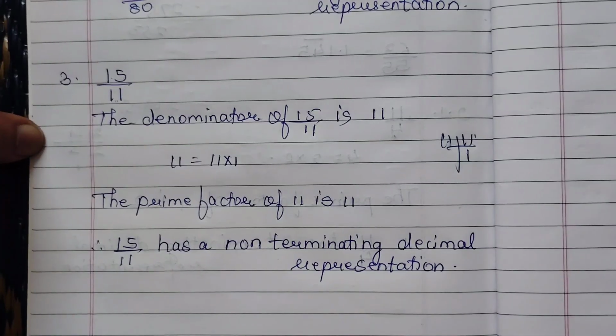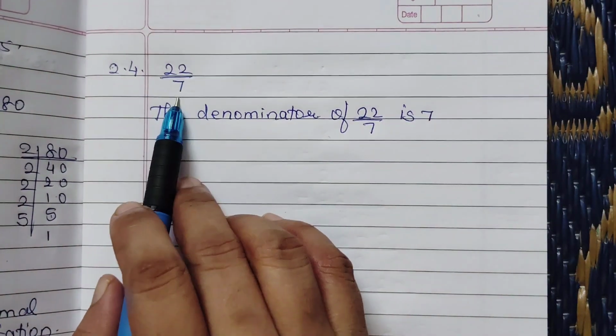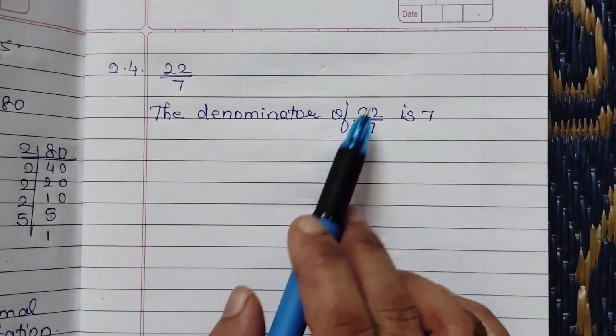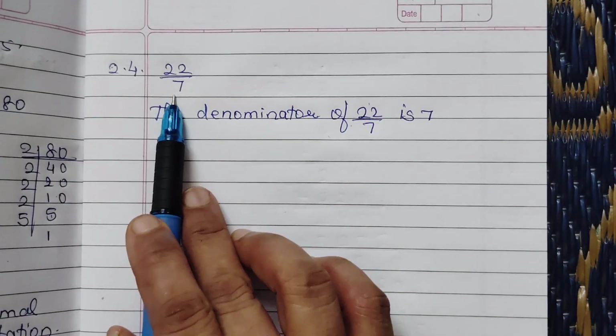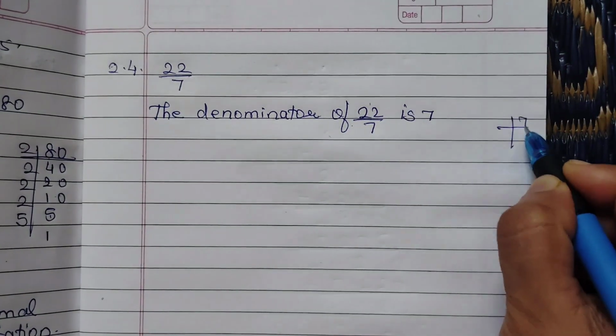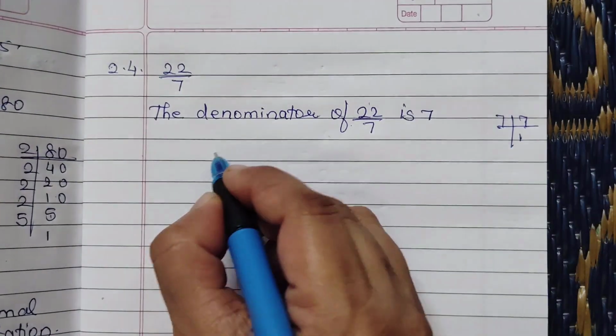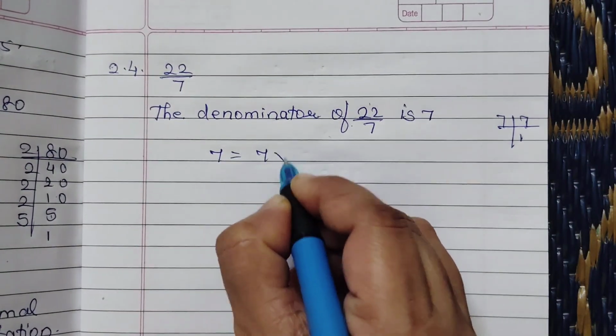Next question. Now we wrote the question 22 upon 7. The denominator of 22 upon 7 is 7. Same here, when we take the prime factor, 7 ones are 7. Only 7, because 7 is a prime number. So the factors are 7 into 1, right?